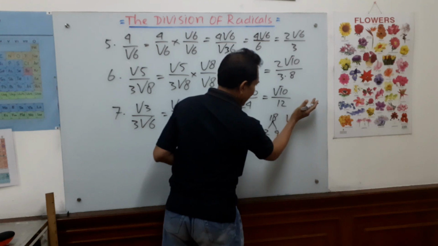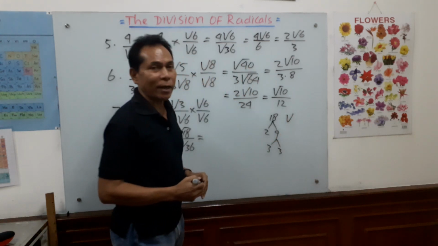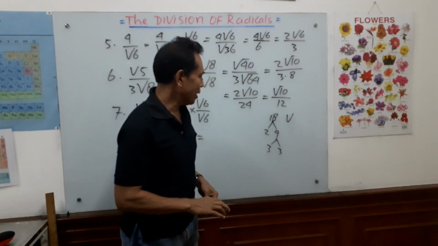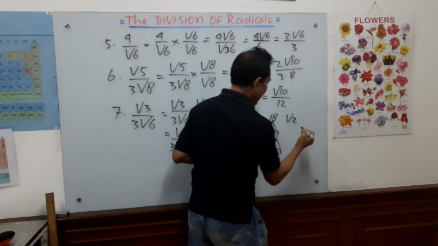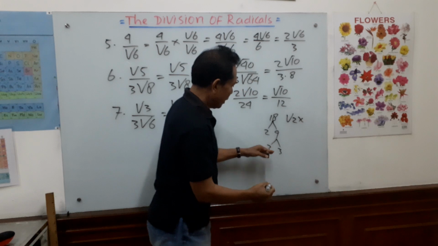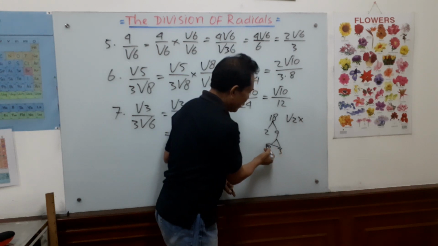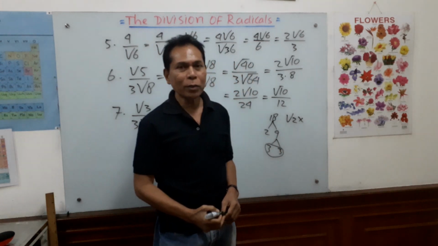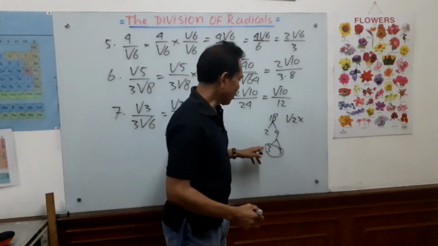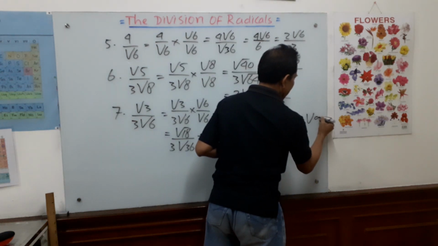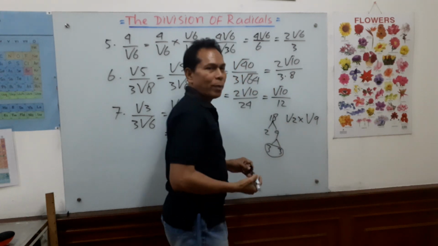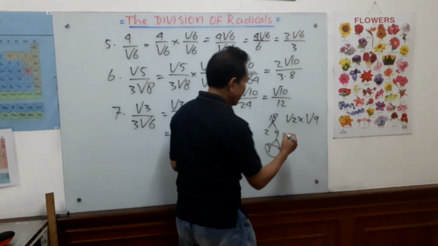Oh, no, we don't do it that way. Sorry. We take numbers that are the same. Square root 2, we put here, times. We take these two together because they are the same, in order to create a perfect square. So square root 3 times square root 3 is square root 9. Now, we cannot break square root 2, so we just leave it like that.